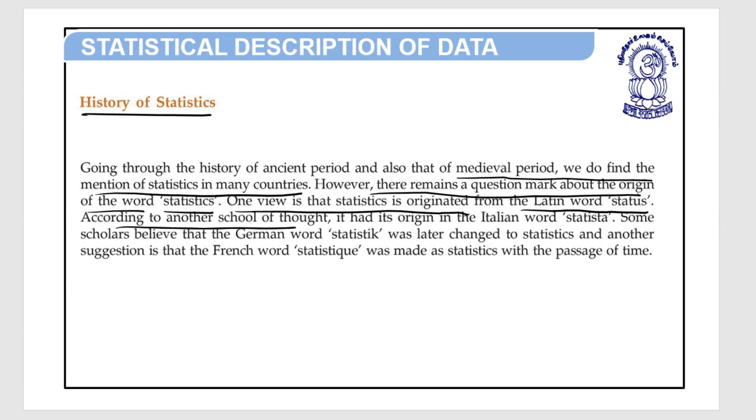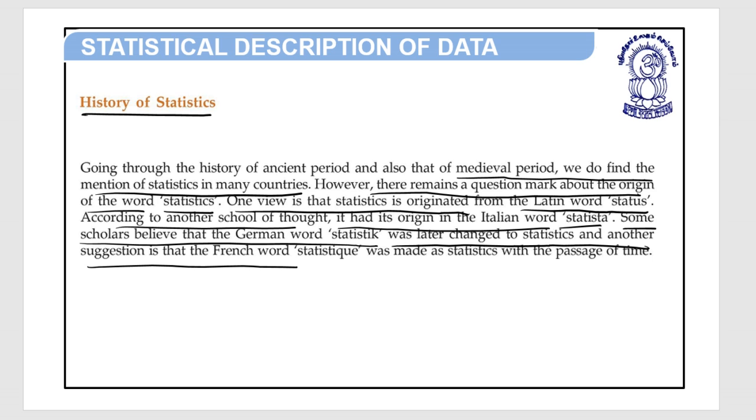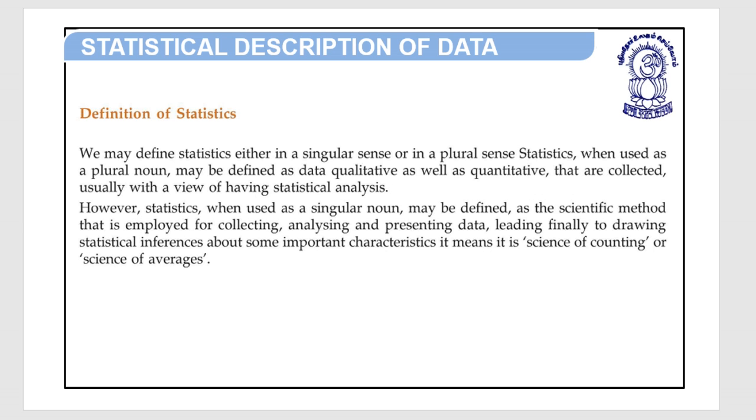According to another school of thought, it had its origin in the Italian word statista. Some scholars believe that the German word statistik was later changed to statistics, and another suggestion is that the French word statistique was made into statistics with the passage of time. This is the history of statistics.